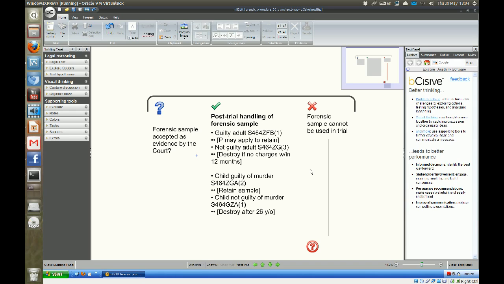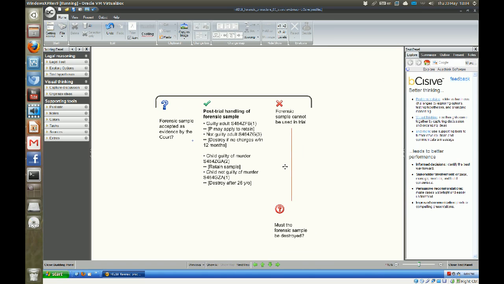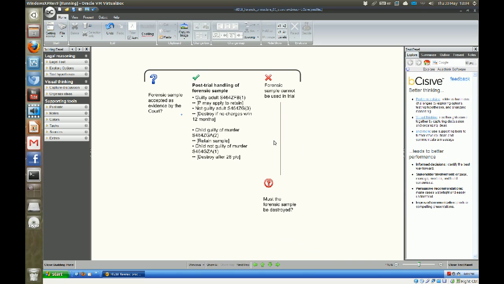But if the child was not found guilty of murder specifically, but some other crime, then pursuant to section 464GZA subsection 1, the police may retain the sample, but must destroy it after the accused turns 26. And I didn't spot anything in the notes about what happens if a forensic sample is not admitted as evidence, but presumably the forensic sample would have to be destroyed.